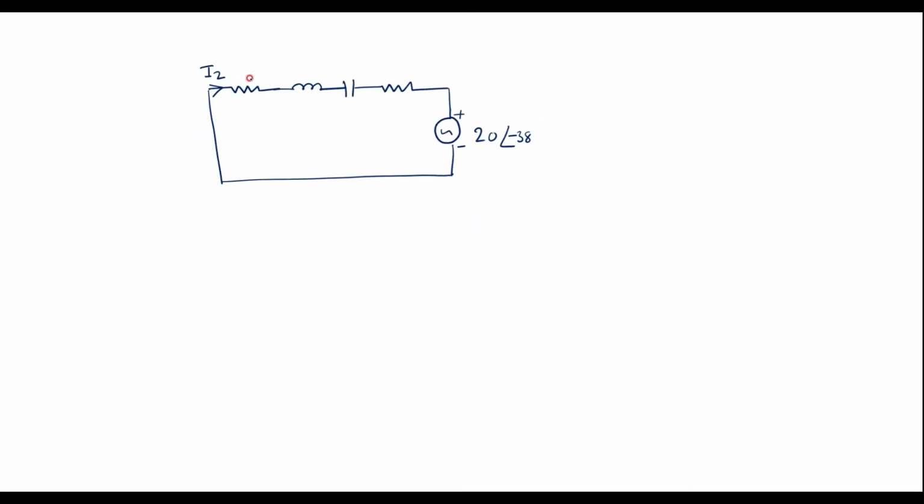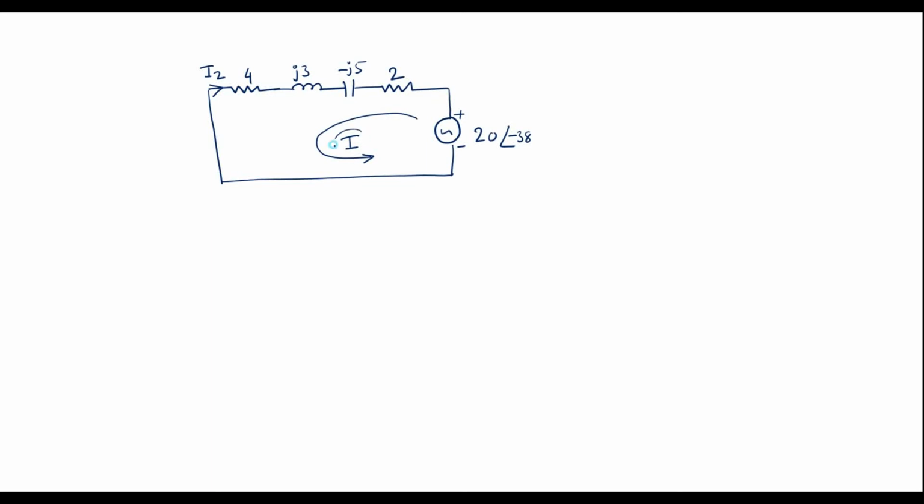The values are, we have 4, J3 minus J5 and we have 2. So here I have taken this end as positive, this end as negative. I will assume the current in the loop is flowing in this direction.